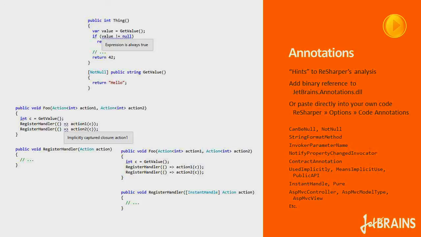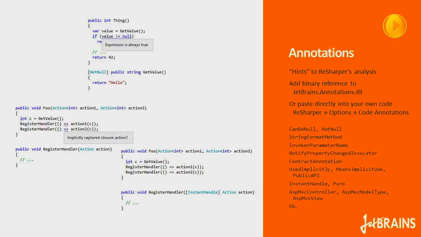That's telling ReSharper that this method getValue will never return null. And so it sees that you're comparing against null straight after the method call, and it's giving you a warning saying there's no need to do this. This expression is always true, and this will always happen. And so it allows you to change your code to suit. ReSharper knows this now because you've given it that extra bit of information.